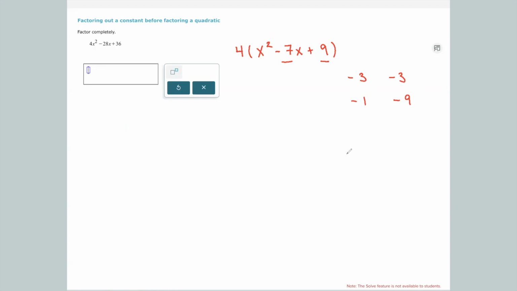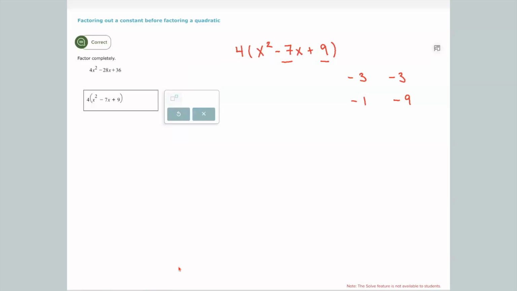So I think this is another one where ALEKS just wants us to factor out the 4 and call it a day. All right, so let's see. 4 times x squared minus 7x plus 9. And we'll check. Yeah, so that's what it wanted. So, okay, a little unfortunate that it didn't give us ones that factor nicely.